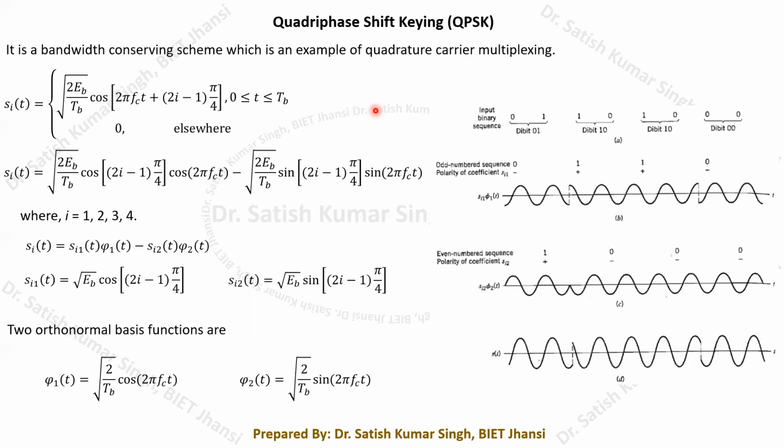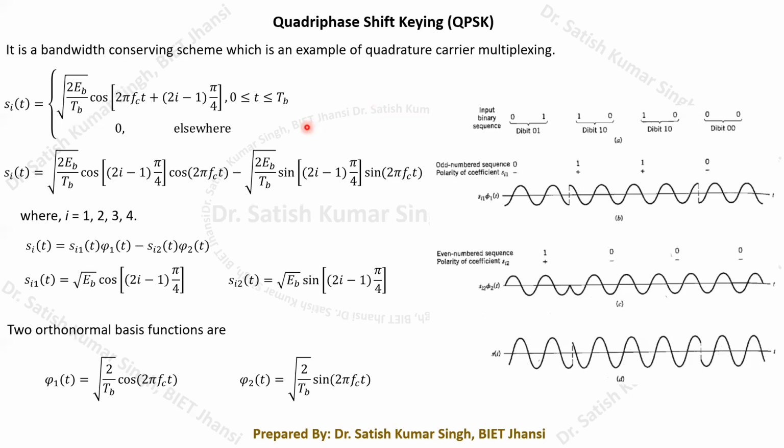But in quadrature phase shift keying, the combination of 2 bits, like 00, 01, 10 or 11, decides the corresponding phase of the carrier. With BPSK only 2 possible phases were there, 0-degree or 180-degree, but in QPSK there are a total of 4 possible phase shifts.